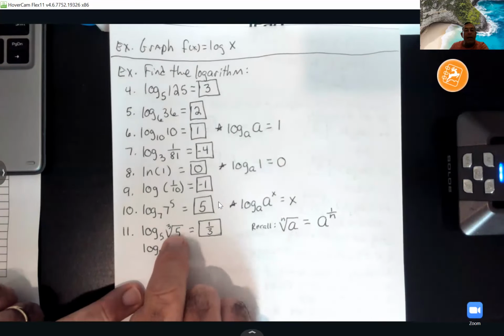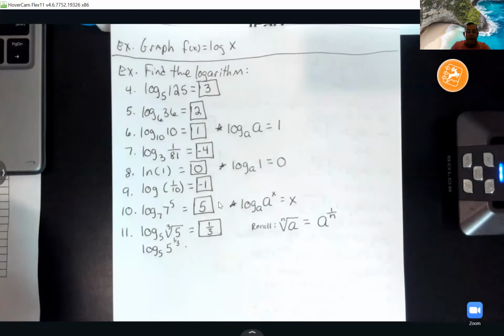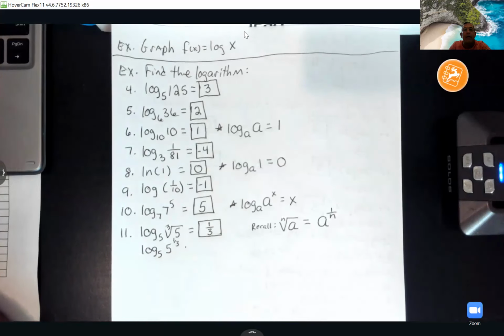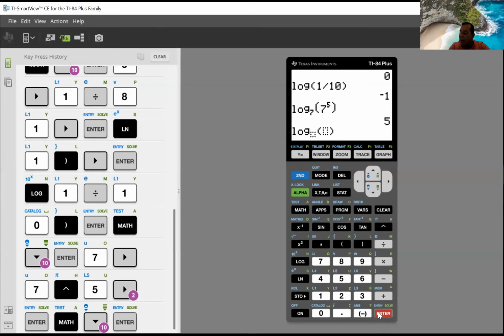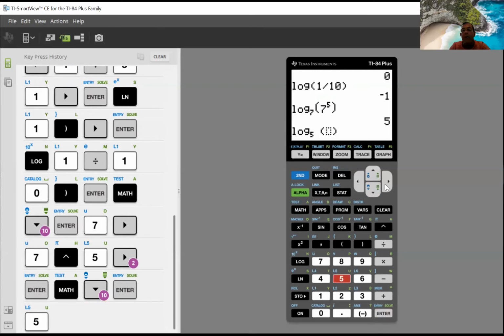But I'm going to punch it in the calculator like it looks right here, okay? So I'm going to go to my calculator. I'm going to go get log base. So math, go down to log base. Hit enter. My base was a 5. And then I'm going to arrow over.